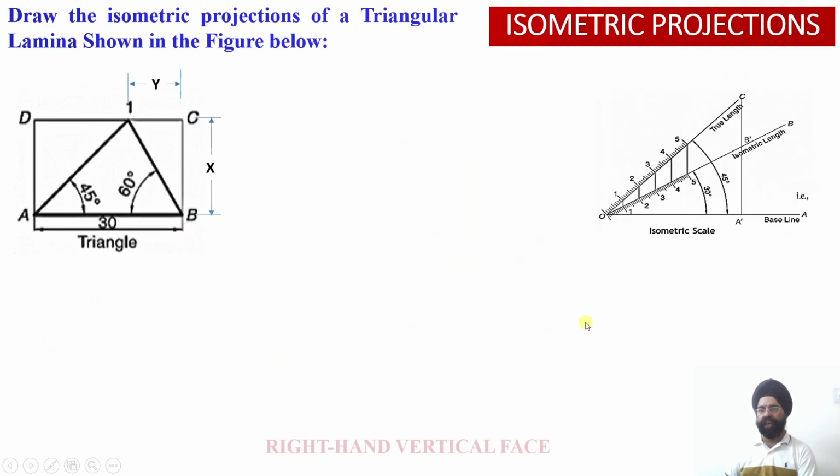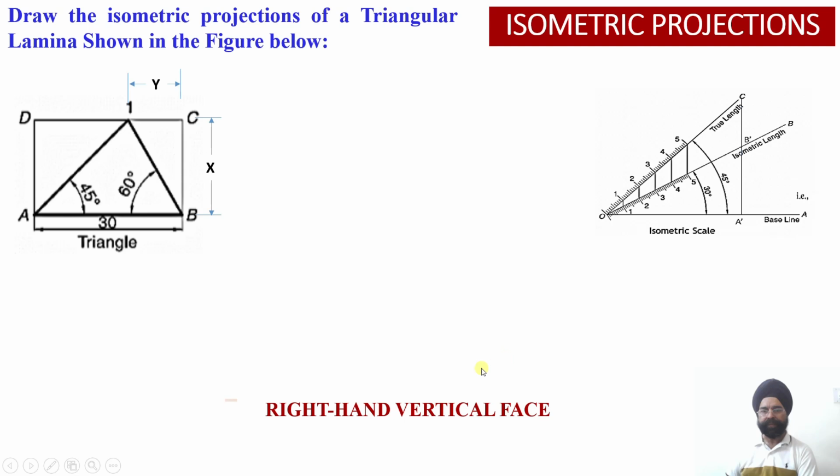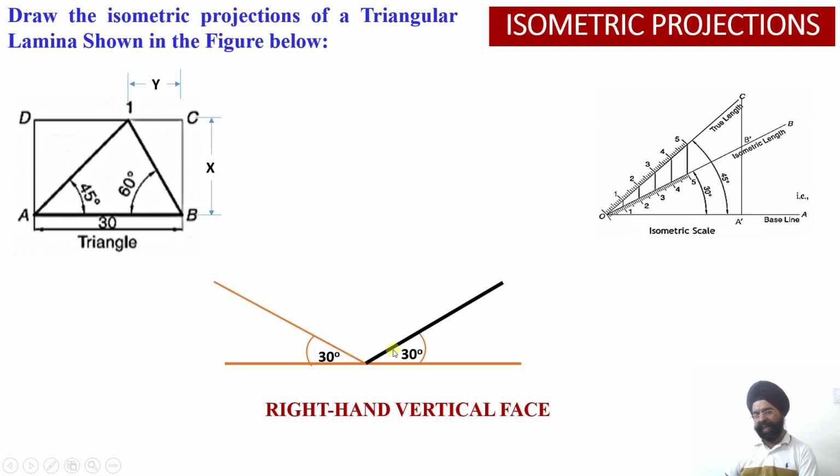So let us draw the third orientation for the triangle. As I am trying to look from the right hand side, these two axes will be used. What are those axes? Z axis and my Y axis. On the Z axis, a 30 millimeter length has been plotted.